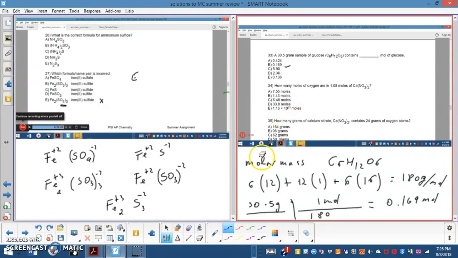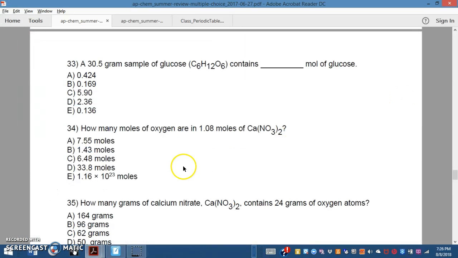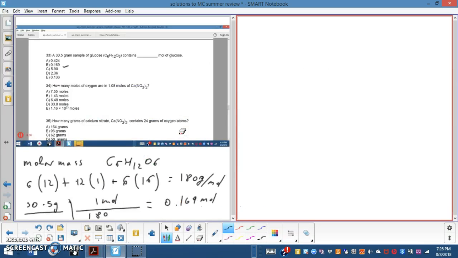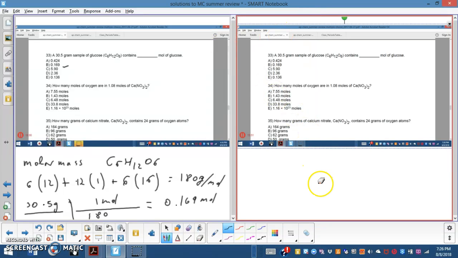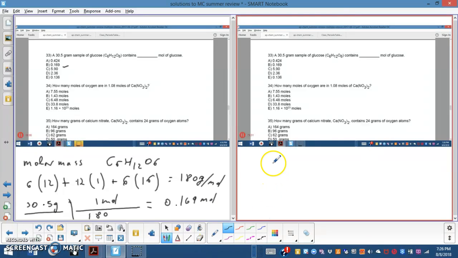Then for 34, you have, so how many moles of oxygen are in this formula? So let's copy again this one over here. So then we have the numbers, and so how many moles of oxygens are in that many moles of your calcium?